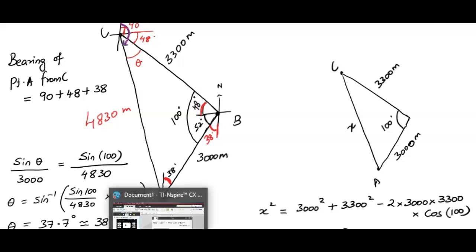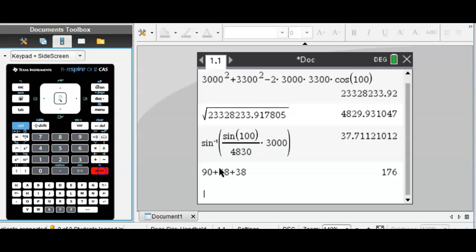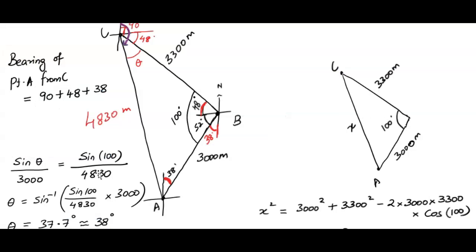And 90 plus 48 plus 38 gives us a total bearing of 176 degrees T that the ship needs to travel so it can reach point A back again. So that's the bearing it needs to directly travel in order to reach point A again.